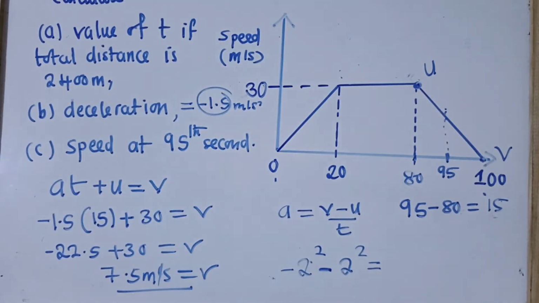What is the answer? 0. Okay. Anybody else? Check the question nicely. I'm talking about this. There's minus, minus, not plus. Negative 2 squared minus 2 squared. What are you getting? Quickly.